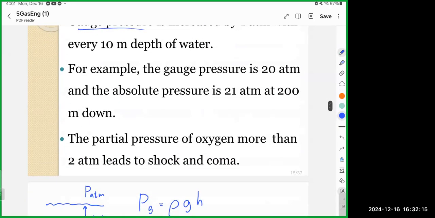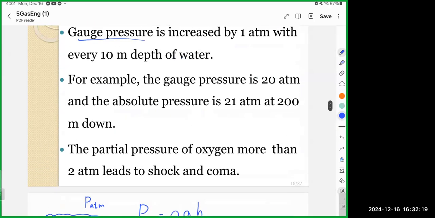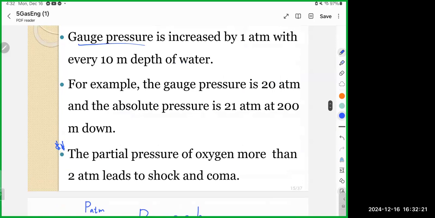And next, this is important for you. If the partial pressure of the oxygen is more than 2 atm, it will lead to shock and coma.